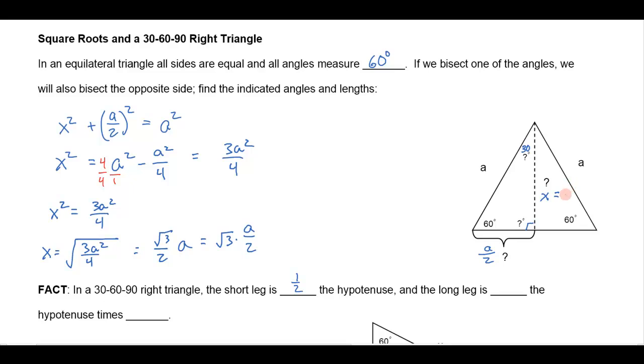So if you have a 30-60-90 right triangle, the side that's opposite the 30 degree angle, that'll be the very shortest side, that's always going to be exactly half the hypotenuse, and this longer leg is going to be half the hypotenuse, half of A, times the square root of 3.